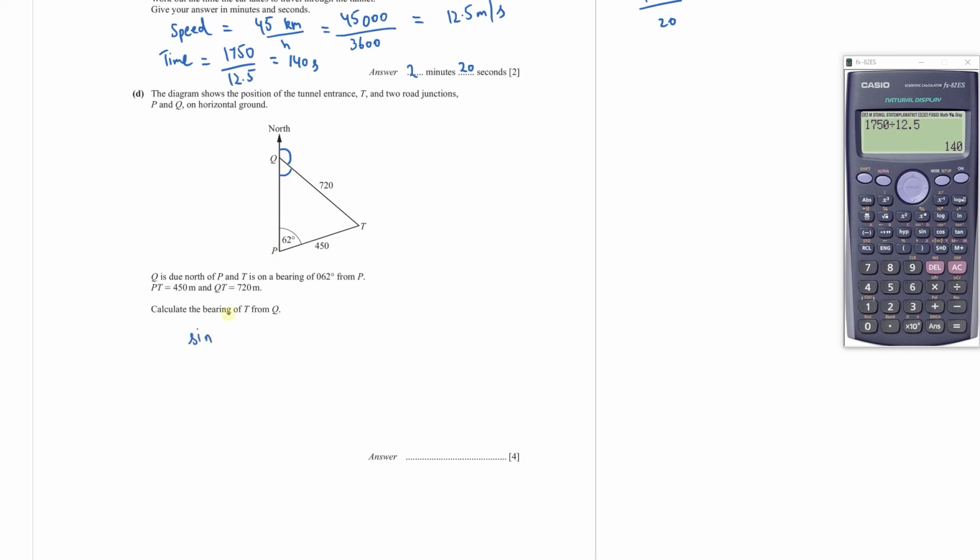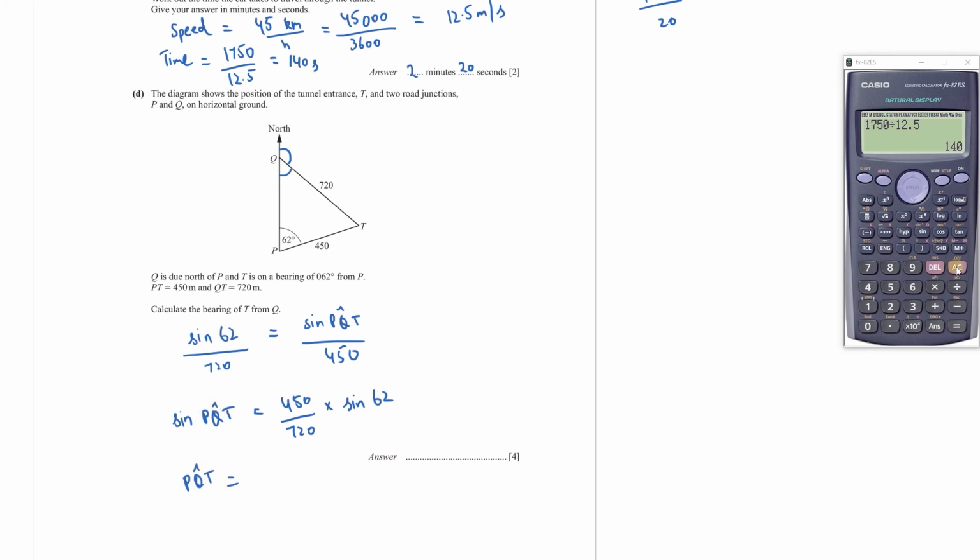So sine of this angle 62 divided by the length opposite, which is 720, will equal sine of angle PQT divided by the side opposite, which is 450. So this will give you sine PQT will be 450 divided by 720 into sine of 62. And from this, we can find PQT.